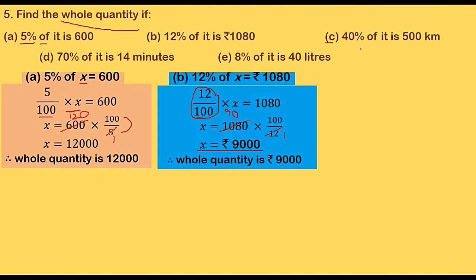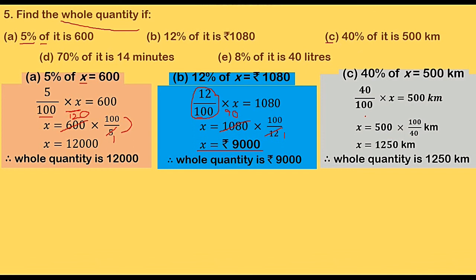C. 40% of it is 500. So 40% I'll write as 40 upon 100 multiplied by x, the variable, is equal to 500 kilometer. So 40% of x, I move it to the RHS and it becomes 100 upon 40.